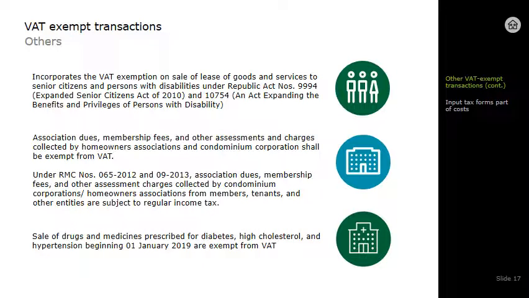Ano ba yung mga usual na medicine ng mga senior citizen? Yung mga because of old age, like yung diabetes medicine, hypertension, and so on. So nakakapag-avail lang ng exemption niyan, mga senior citizen. So what's the problem?